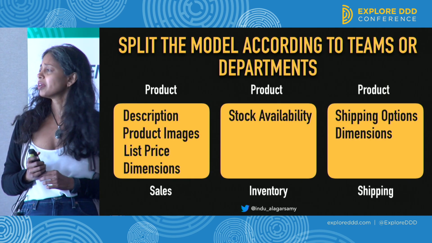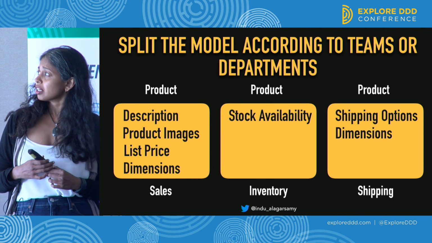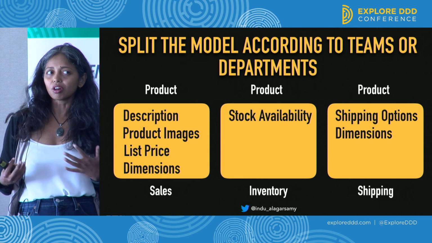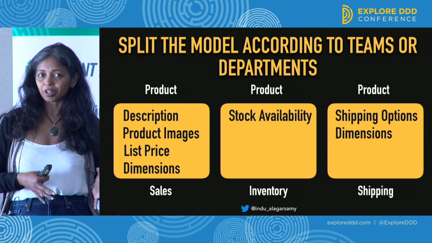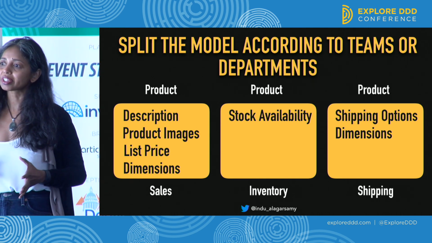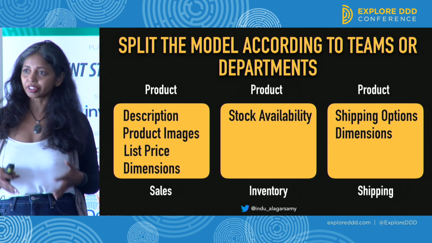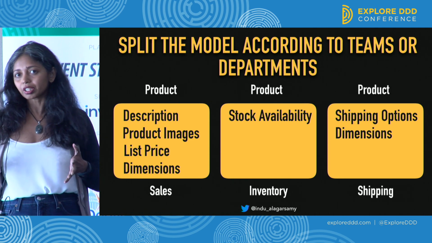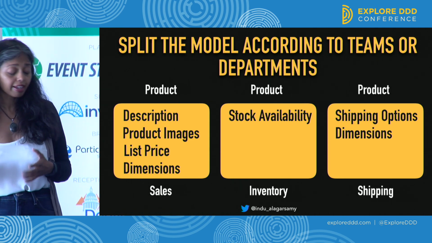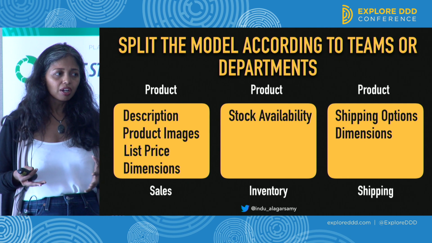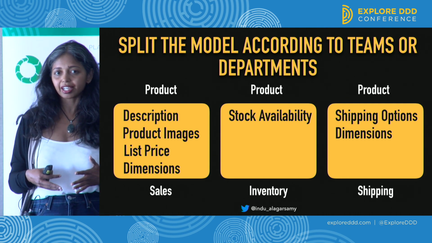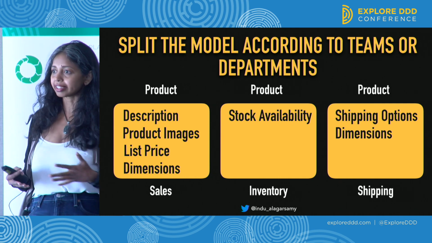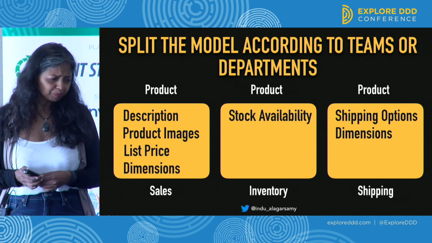The other approach you can use is to model along the teams. If you already have a set of teams or departments that are doing things for the business, governed by rules and clear processes that they have to follow, you can start there and try to see what things go together and model the actual business behavior.